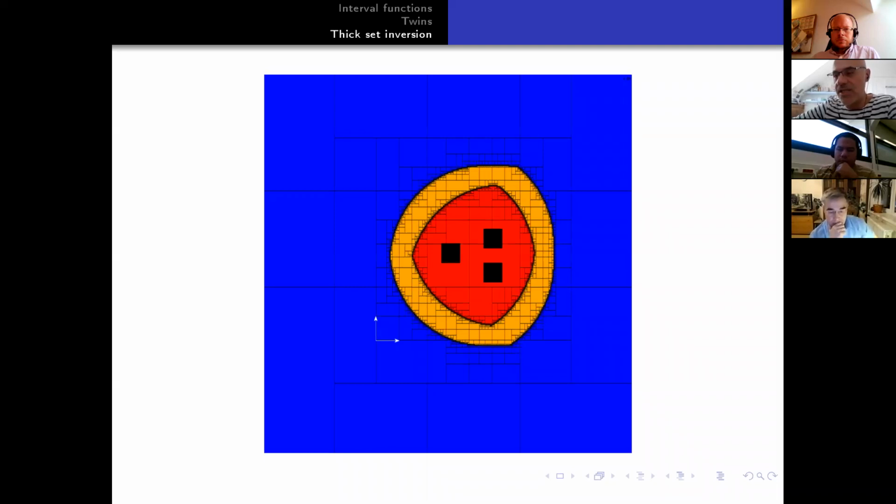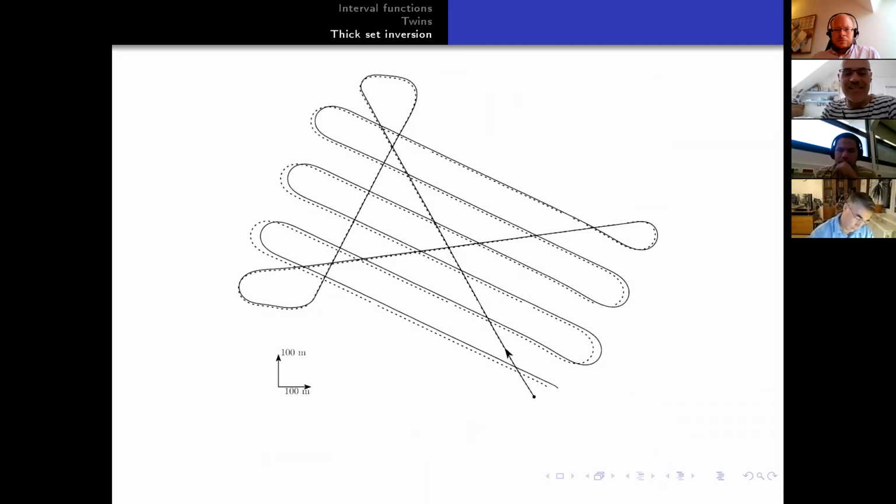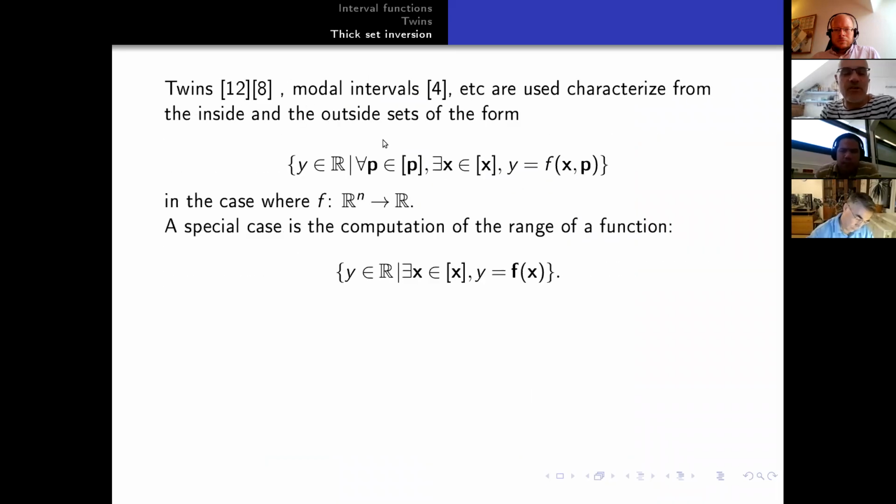If I consider classical modal interval or thick arithmetics, most of the time they try to solve a problem like this. They have a function which is uncertain, which is known and depends on some parameters, and they are able to solve some quantified problem like this one.